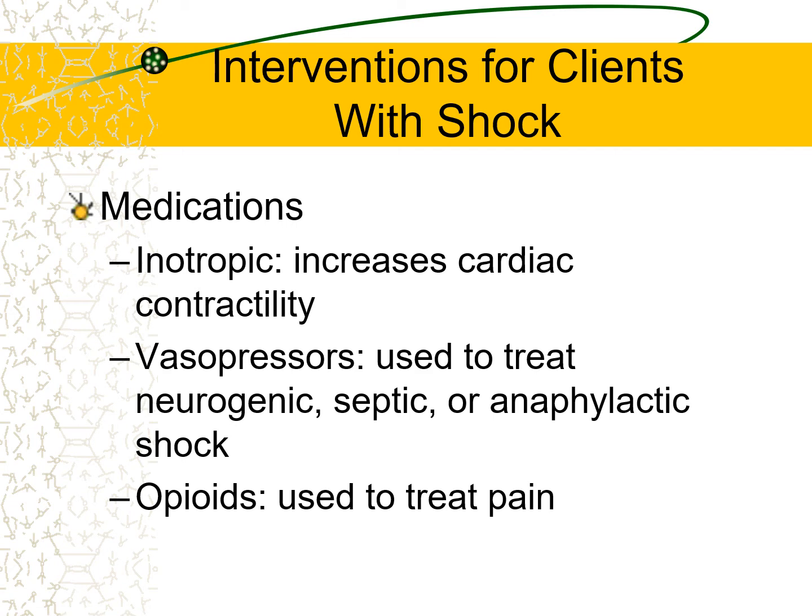Those are the three types of distributive shocks. Of course, our patients may also be on opioids if pain is an issue. So that has to be mentioned as a medication. A lot of times patients in shock, especially hypovolemic shock, have undergone trauma. So certainly we would want to medicate them for pain.